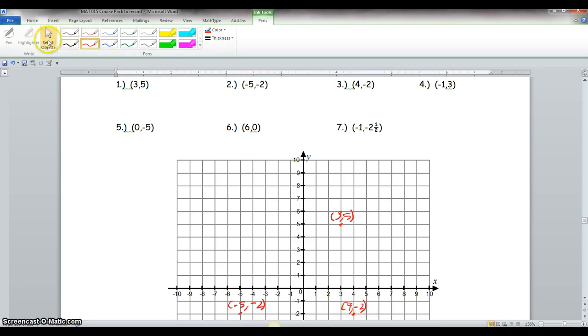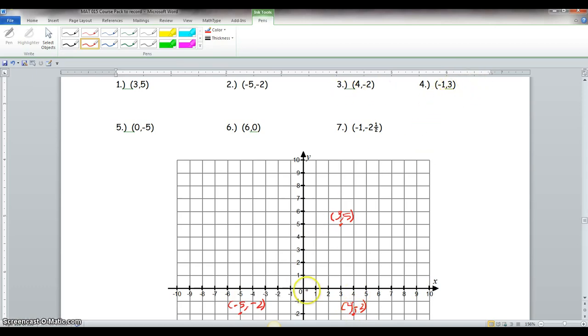Now, of course, this isn't coming out as pretty as I would like it, but you do get the point with this here. So let's finish this up. This is supposed to be 4, comma, negative 2.